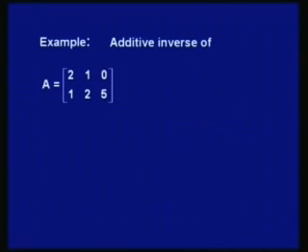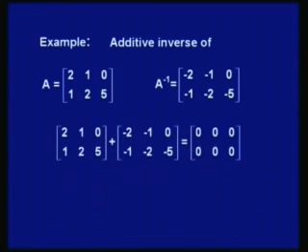Example: if I have a matrix A as 2, 1, 0, 1, 2, 5, a 2 by 3 matrix, then its additive inverse is -2, -1, 0, -1, -2, -5, and this can be very easily verified.